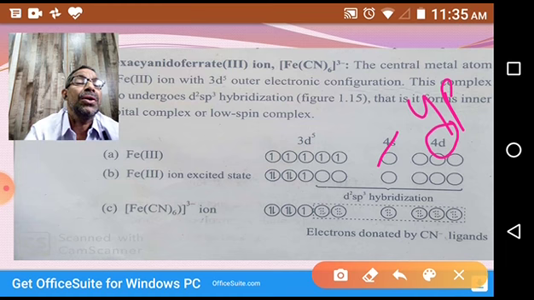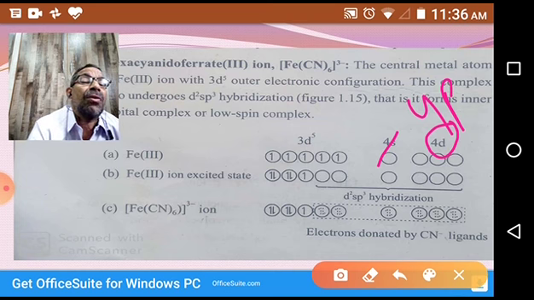In this state, we have only 4 vacant orbitals: 1 4s orbital and 3 4p orbitals. 4d is also there, but in the 3d orbitals we have singly occupied electrons.